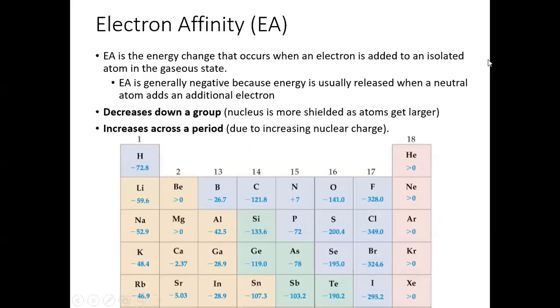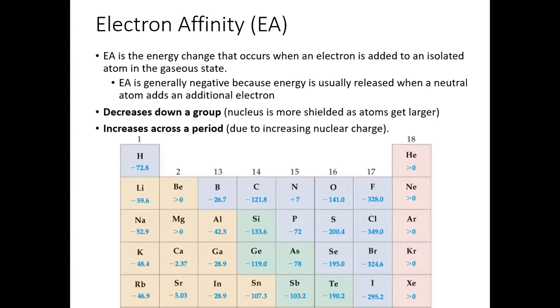Electron affinity. It's the energy change that occurs when an electron is added to an isolated atom in the gaseous state. If you just want to remember the trend, think of it as the ability to want to be negative, right?